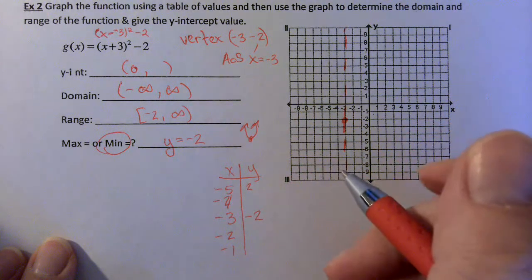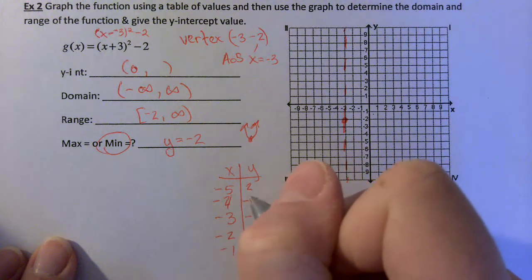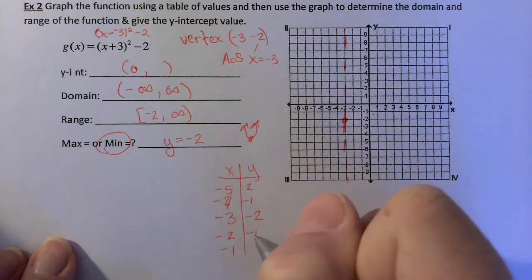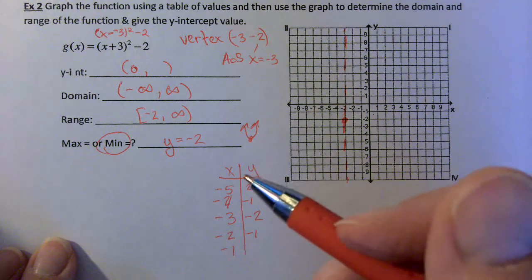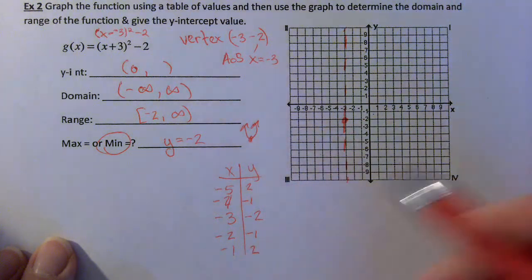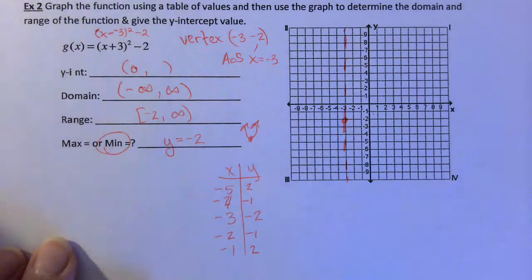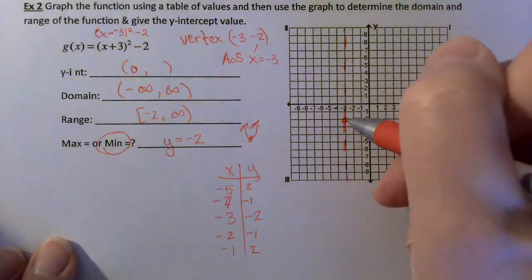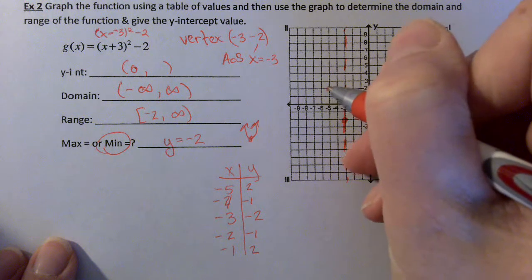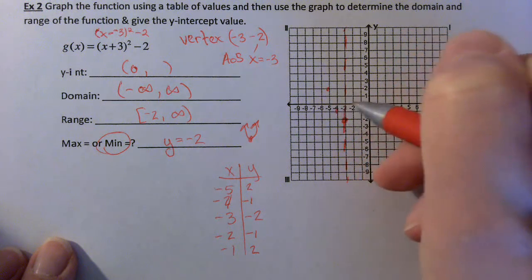Does anybody agree with me? All right, negative 4 as negative 1, negative 2 as negative 1, and negative 1 would also be 2. And I'm just plugging those numbers in, doing the addition, squaring it, and then subtracting 2. So go ahead and graph that at (-5, 2), (-4, -1).